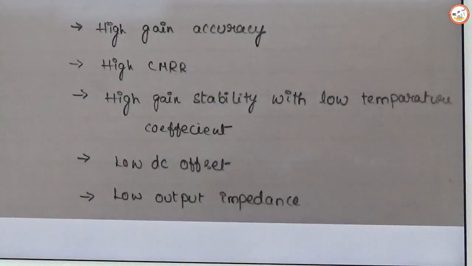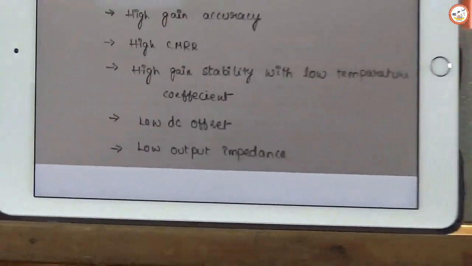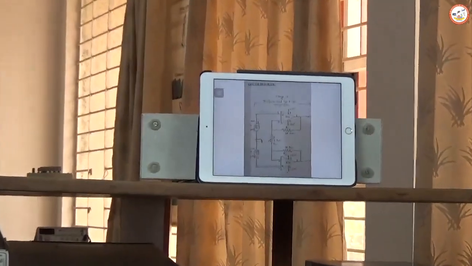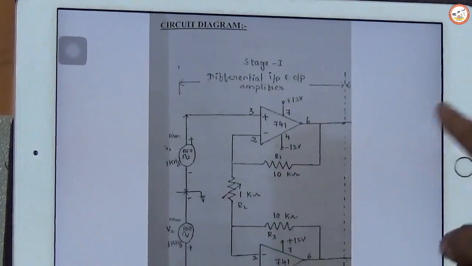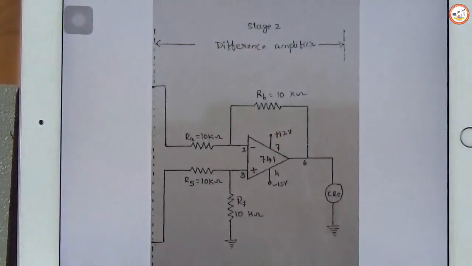So these are the requirements for an instrumentation amplifier, which can be achieved by using a normal differential amplifier. The problem with a differential amplifier is that it consists of mainly 2 stages. In the instrumentation amplifier, the first one is a differential input output stage. The second stage is a differential amplifier.